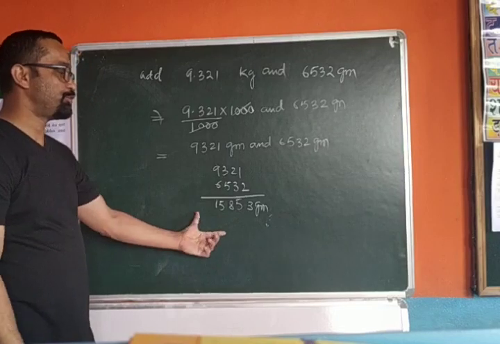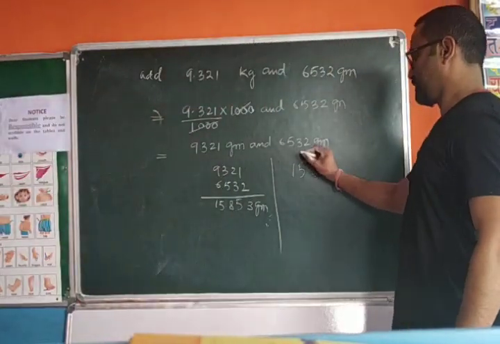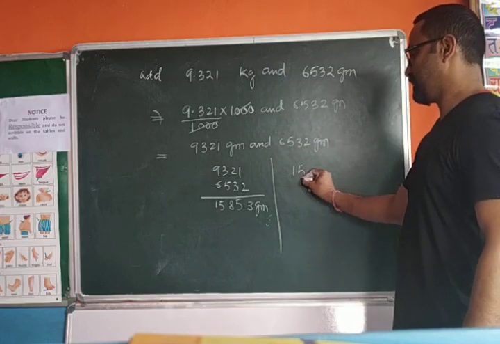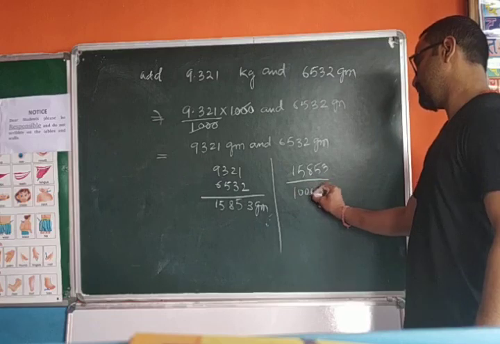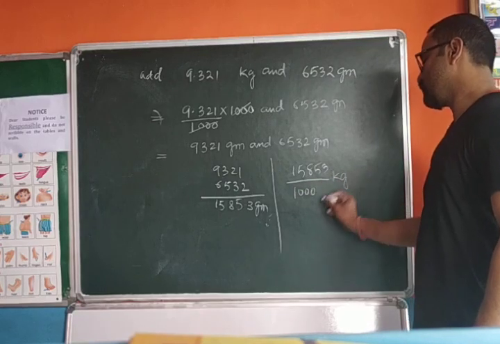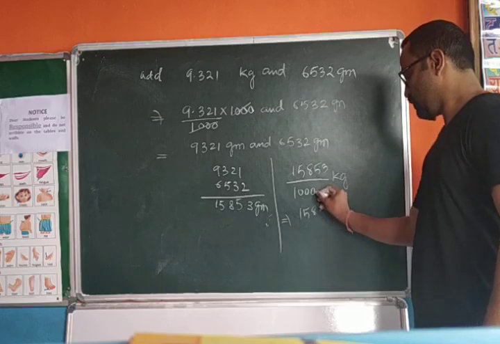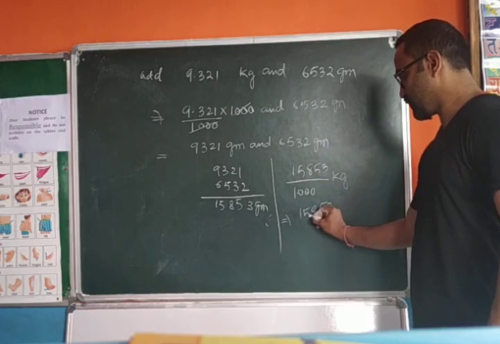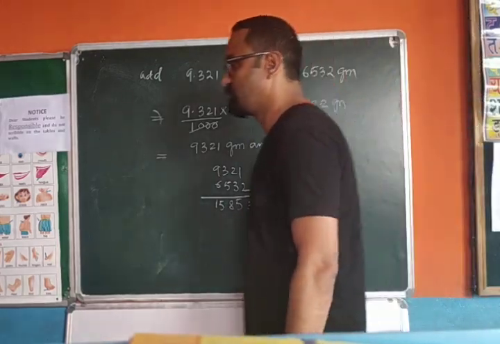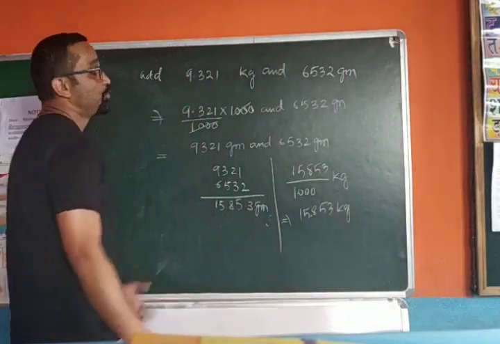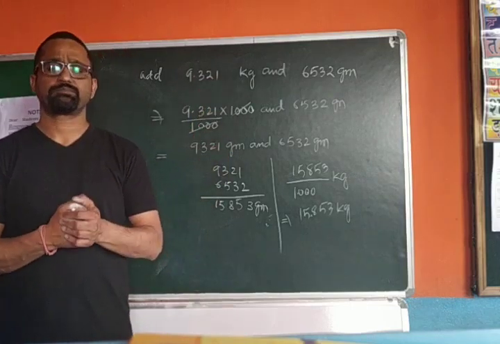You can convert into kg: 15853 divided by 1000. Unit changes to kg. 15853, 1, 2, 3 zeros, put the decimal, get the answer. This is another way to do it. Choose the easy way. I think the previous one was easy.